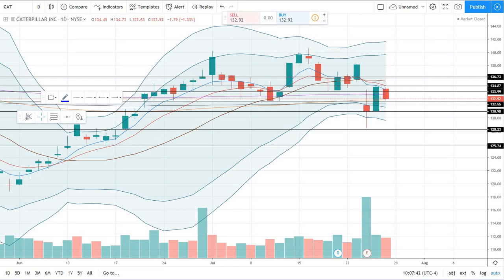Buy trigger, back test of 135-ish, or break of 132.5 down.